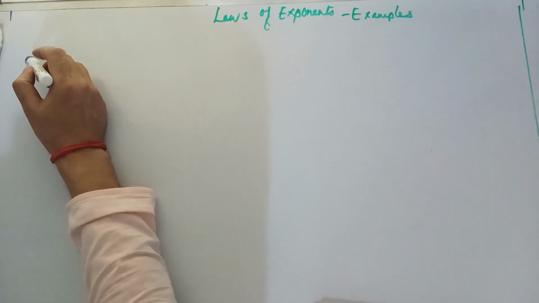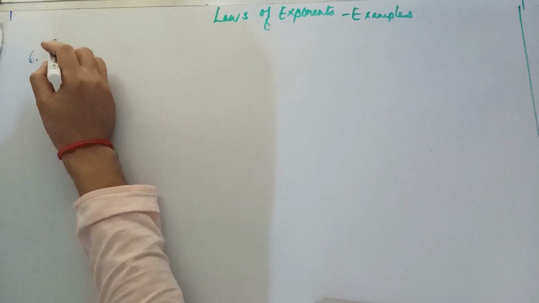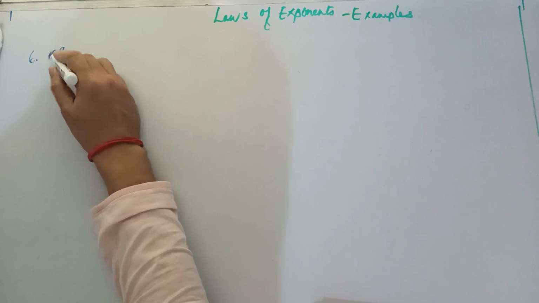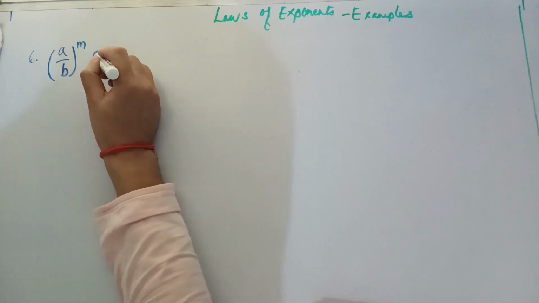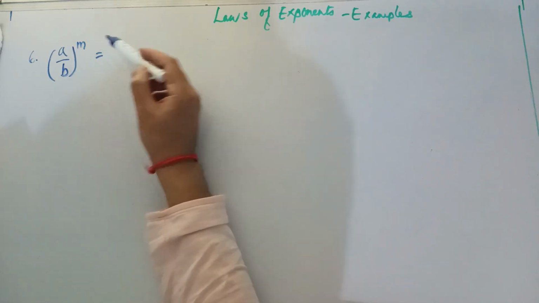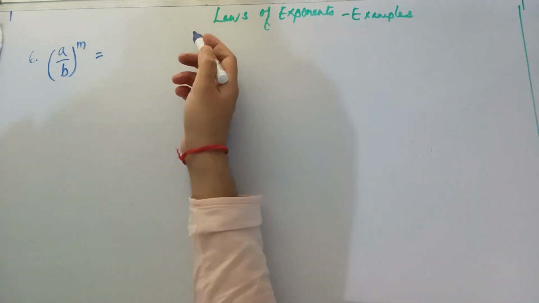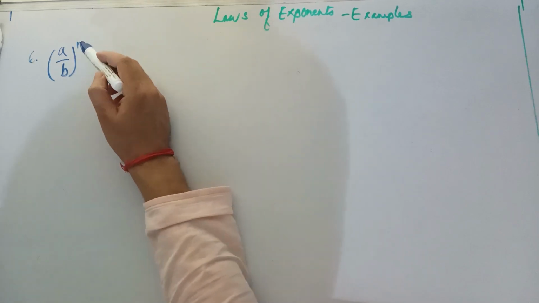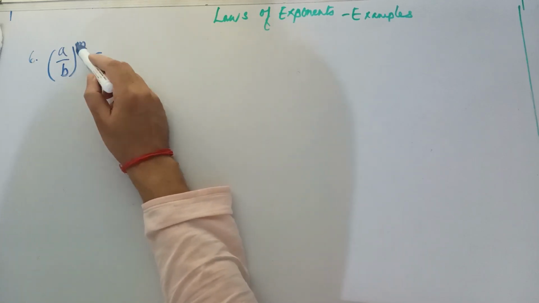Let's discuss, with an example, law number 6, that is (a upon b) raised to m. Now here again, previously we saw there was a multiplication between a and b raised to m, and the power got distributed to a and b. Here as well, the power is (a upon b) raised to m.